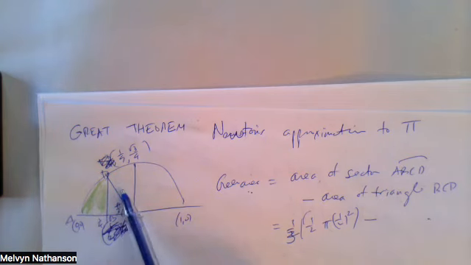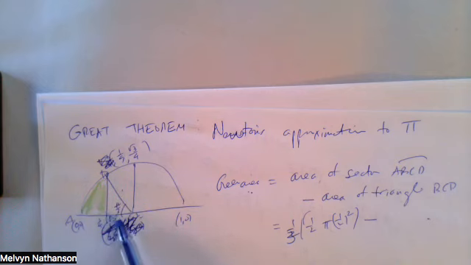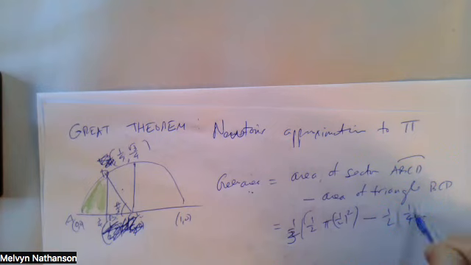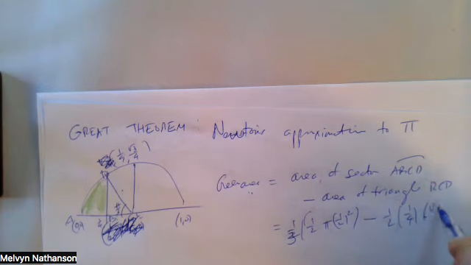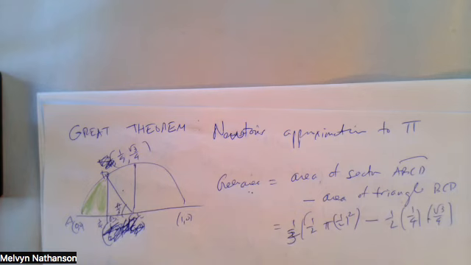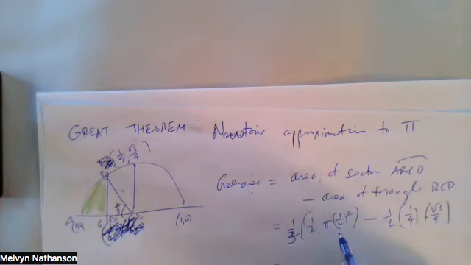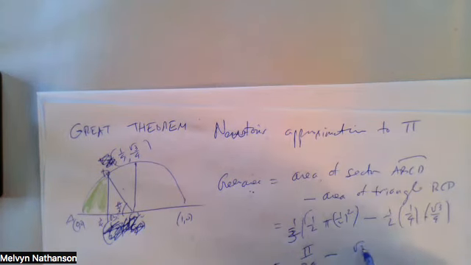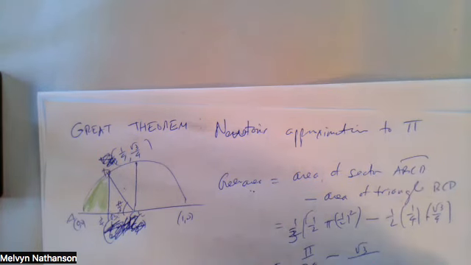This is a half, this is a fourth. So that's a half, the base times the height. So this is 2 times 4. This is pi over 24 minus root 3 over 32.